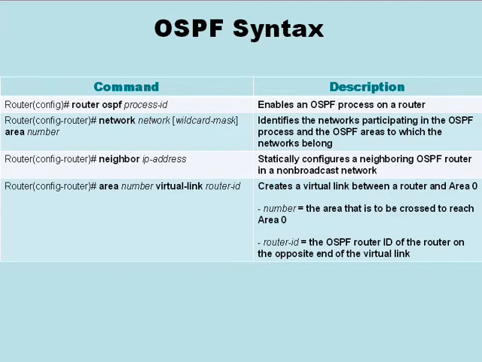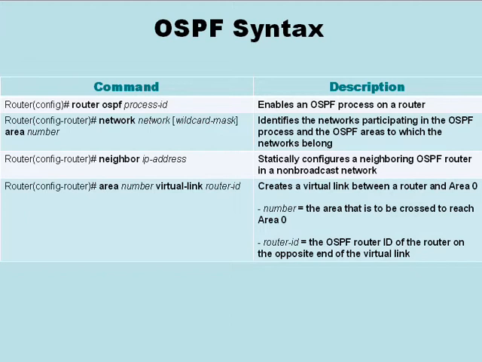We're also going to have an issue with an area that is not attached to area 0, and that's going to be area 2. We're going to fix this discontinuity with a virtual link. The way we're going to create a virtual link is by going into routers R1 and R2 and entering the command you see on screen, area followed by a number. That number, by the way, is the number of the area that we have to transit to get between the backbone area and this discontiguous area.